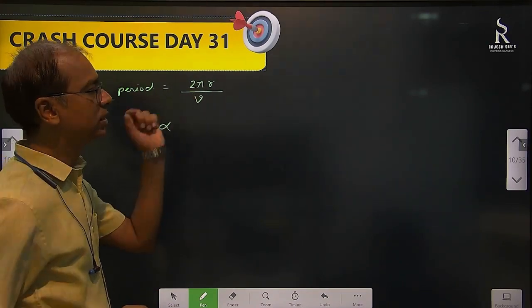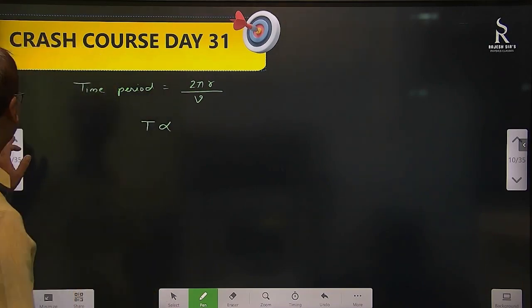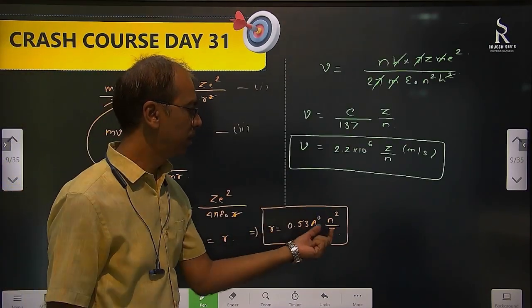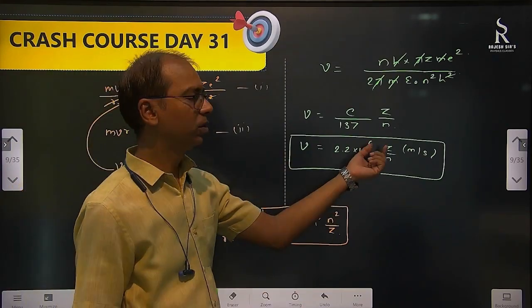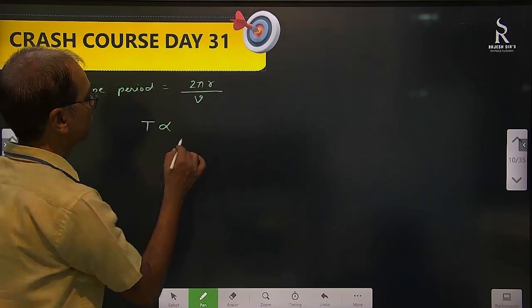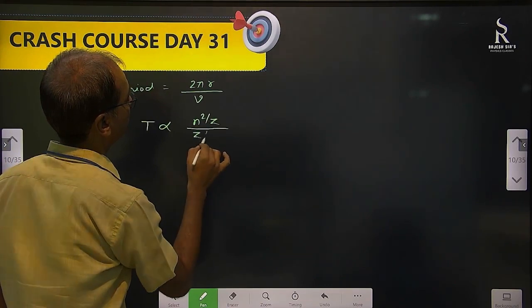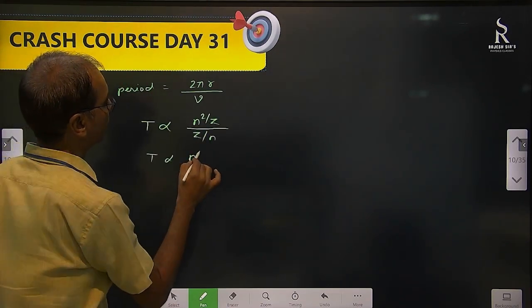You can say radius is proportional to n square by z, and velocity is proportional to z by n. So what will be the proportionality? N square by z divided by z by n. T is proportional to n cube by z square.